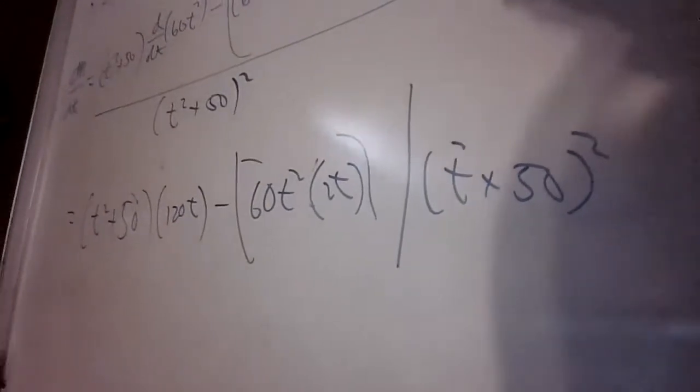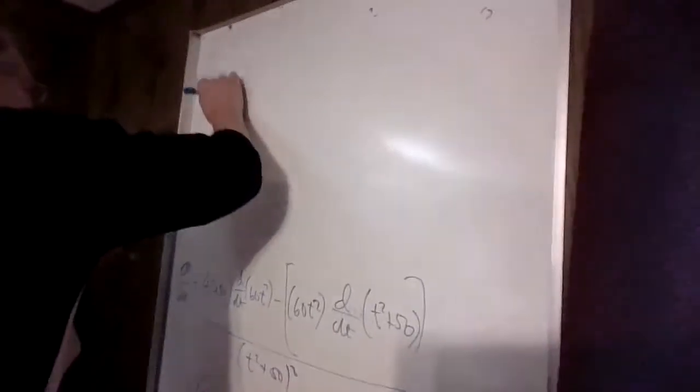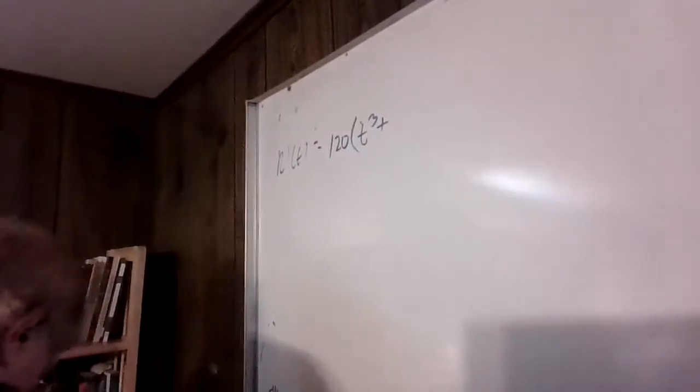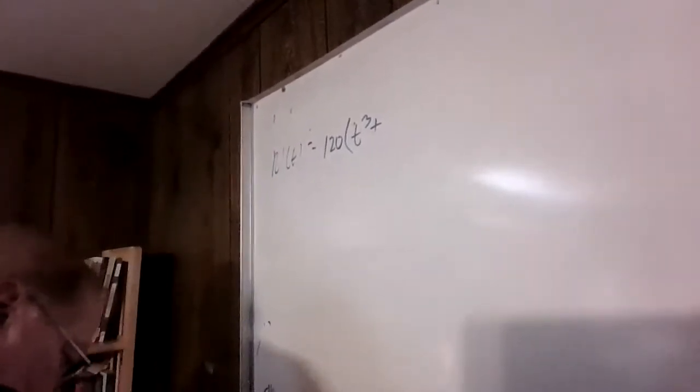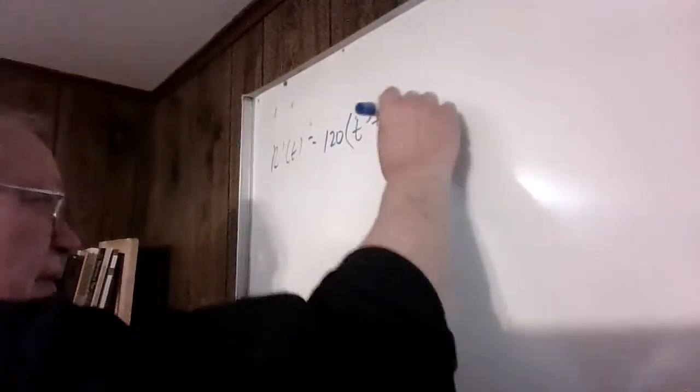Okay, let's clean it up a little bit. Let's go back up here. And we're going to get R prime of t equals 120 t cubed, okay, well, what's 120 times 50? That would be 6,000? Yes. 6,000 plus 6,000 t.